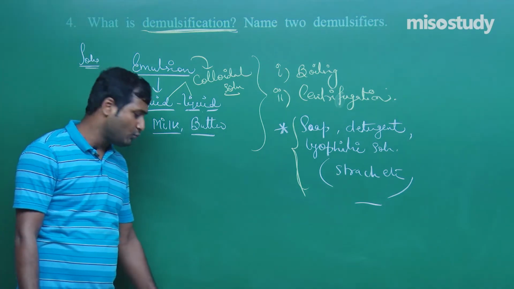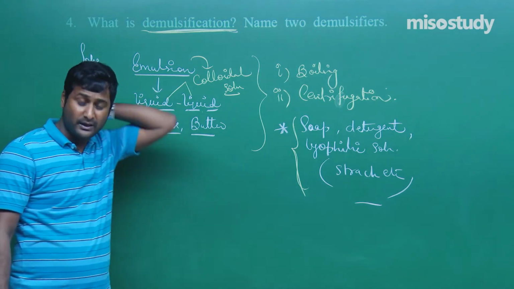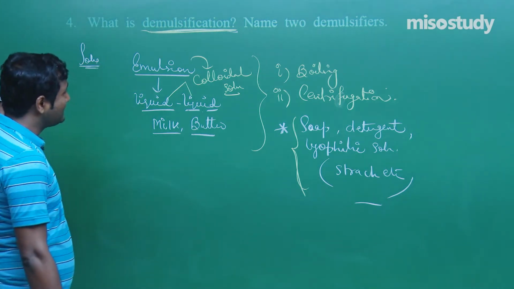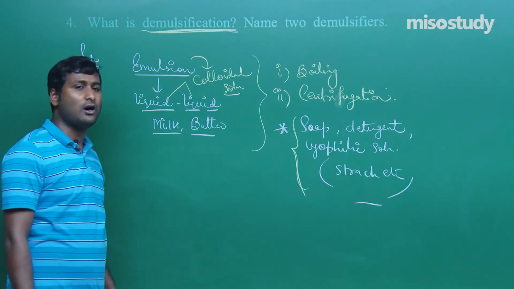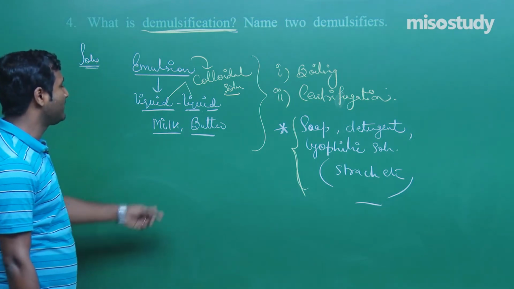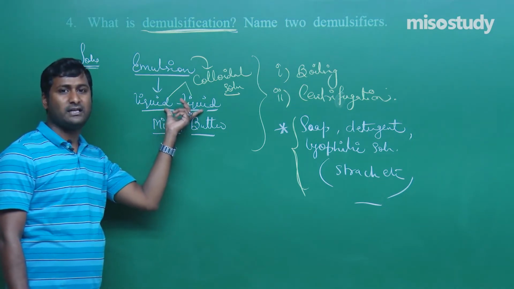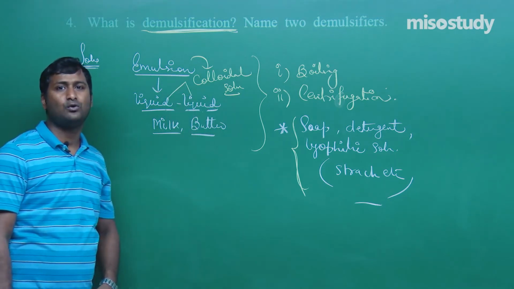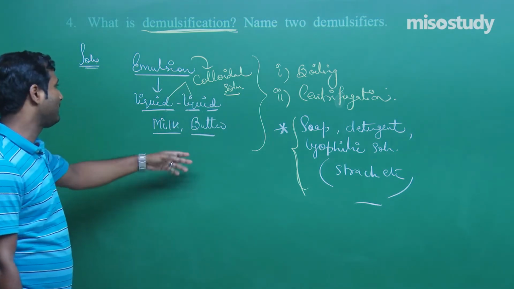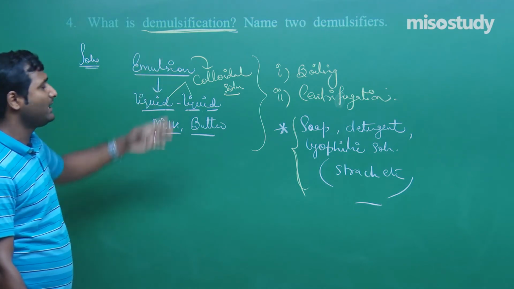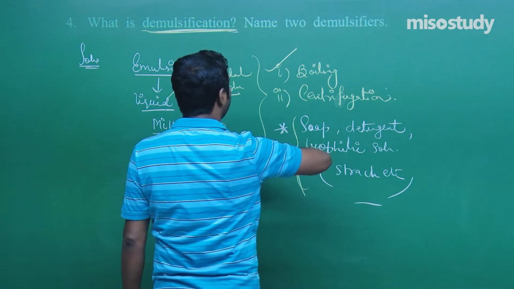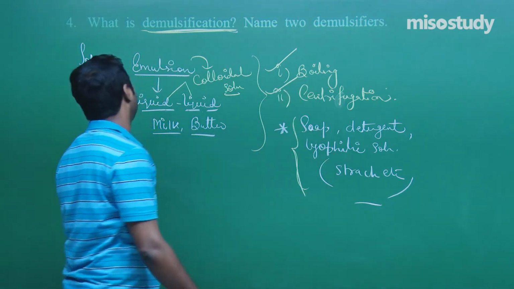The process of removing the liquid particles is the opposite of emulsification. Emulsification is the process in which we form the colloidal sol of two liquids like milk and butter. Opposite to that, to separate them, is known as demulsification. Demulsification is done either by boiling or by centrifugation.